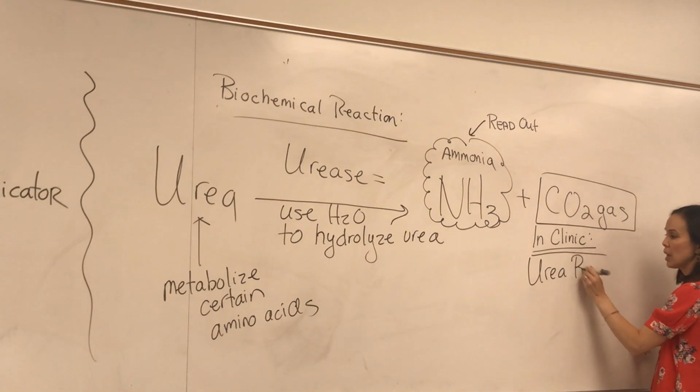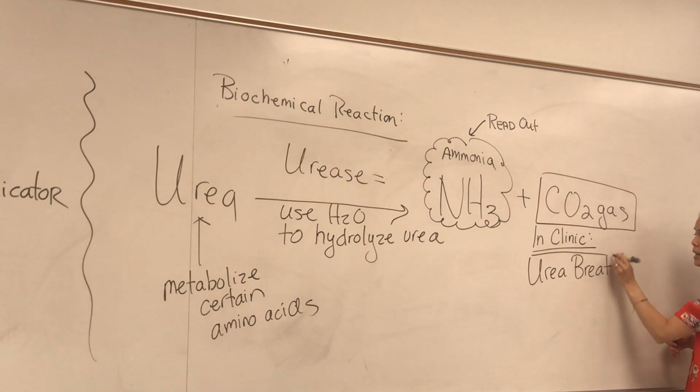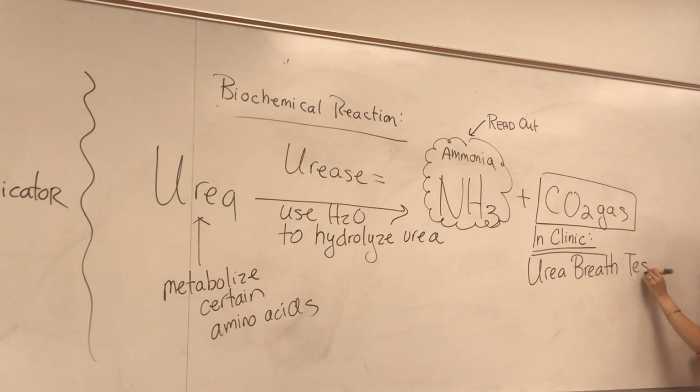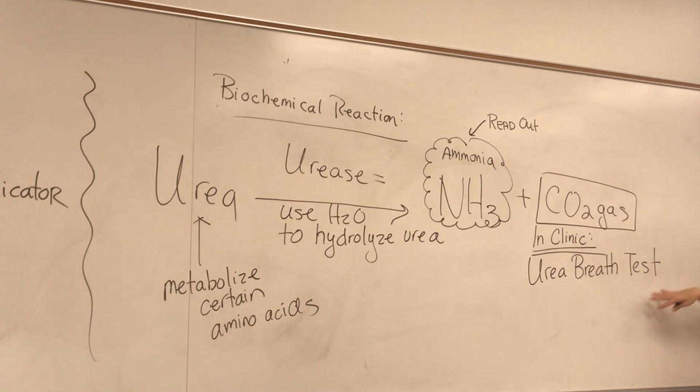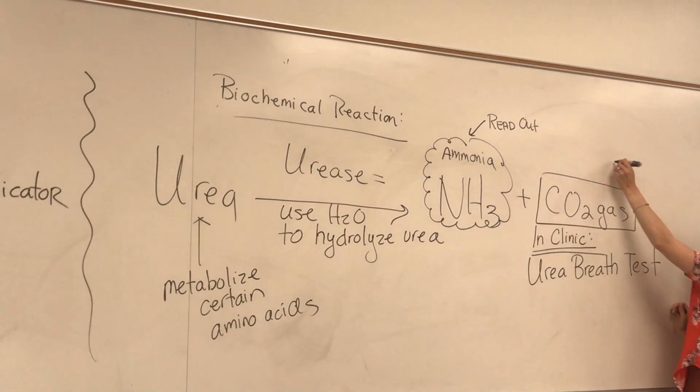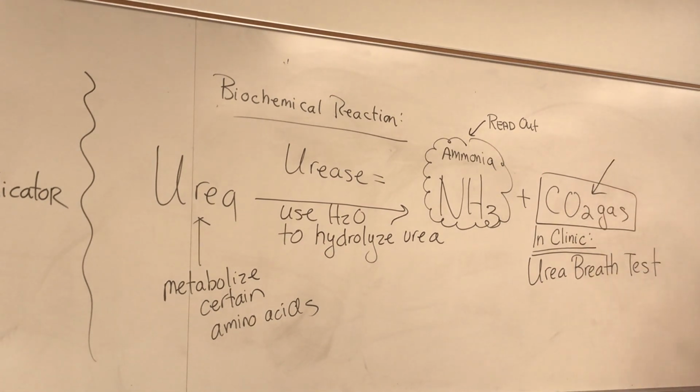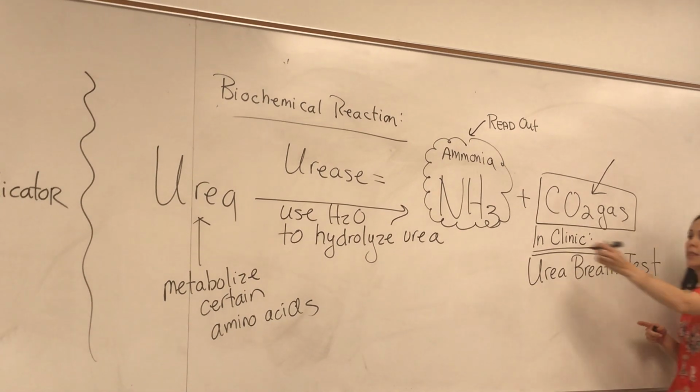The setup almost looks like a breathalyzer machine. So they have this machine and this big tube and you exhale into it. We're going to talk about that in lecture. They can run the breath test on you and look for carbon dioxide gas, the end product, on your breath. And they can do that in the clinic.